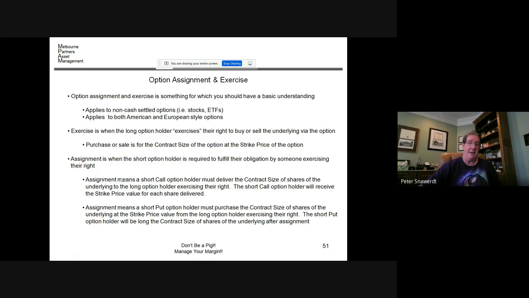I've never actually had shares assigned to me, so I'm not 100% certain exactly what happens in that particular case. But I do know that you basically get short the option in that particular case. If you're short the put, then you're long the option if the option holder exercises that right.